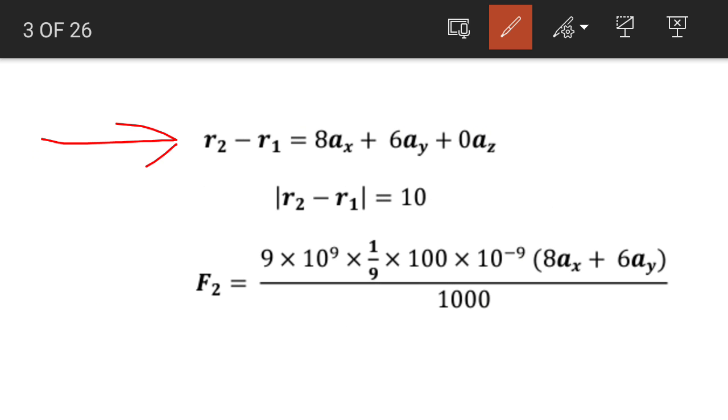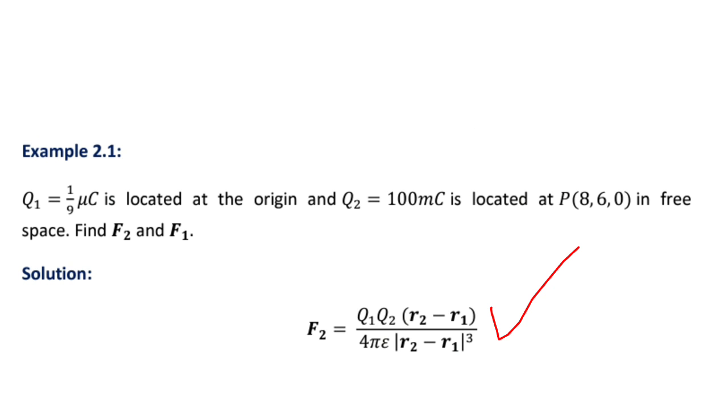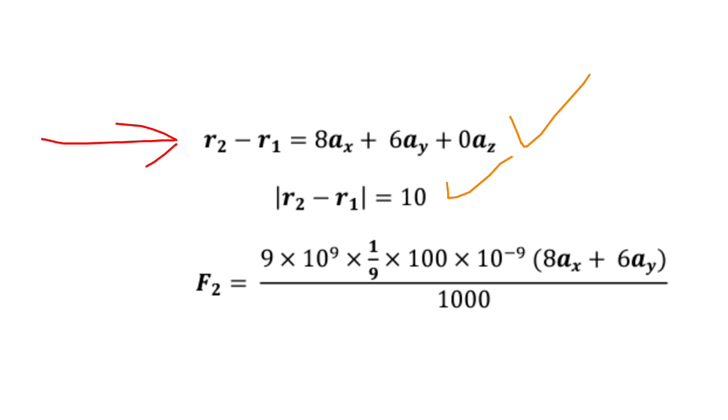We calculate the magnitude of this vector, and the magnitude of this vector turns out to be 10. And then we put the values on the right hand side of this equation.